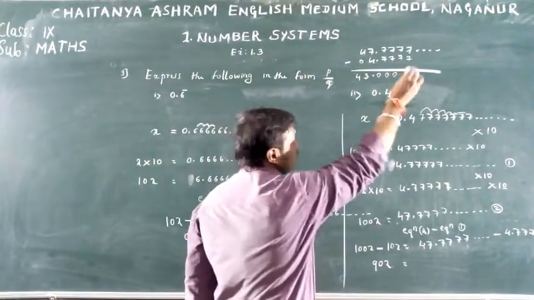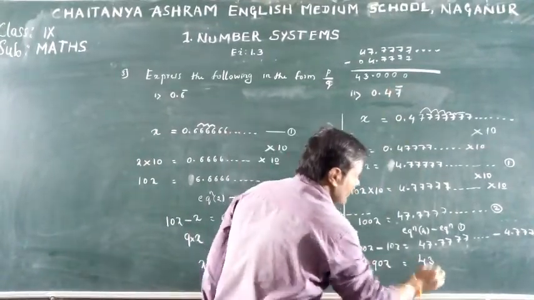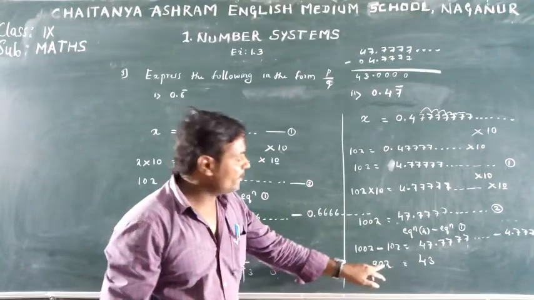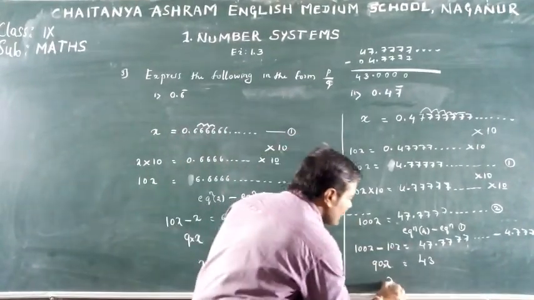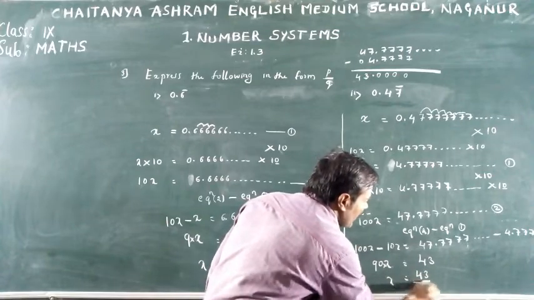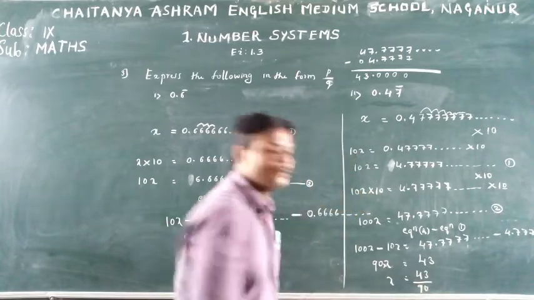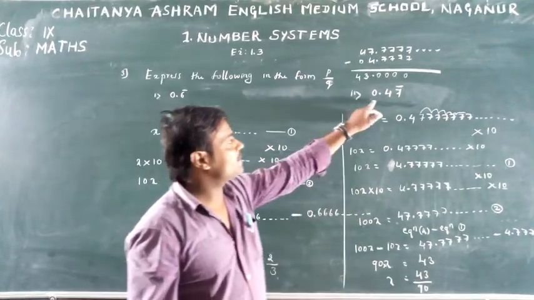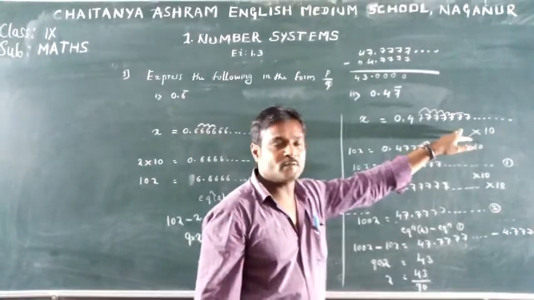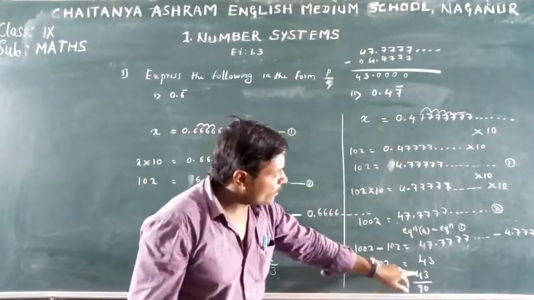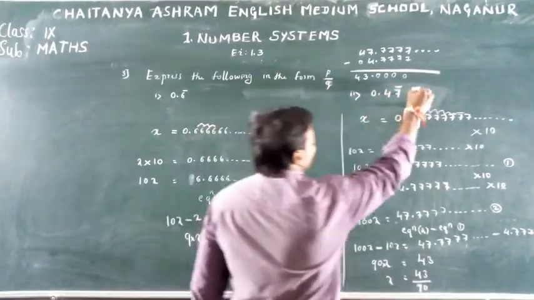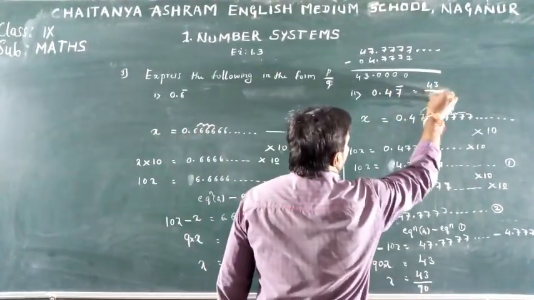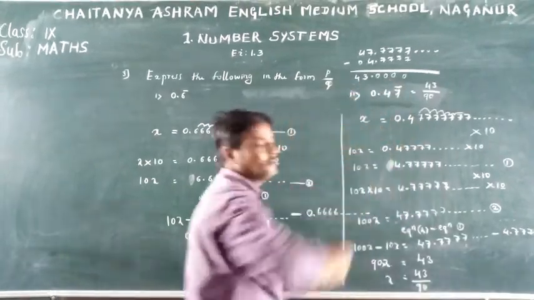So 43.00 means 43. So 90 is multiplied with x. Shift this 90 to the right side, and that becomes 43 by 90. So this decimal expansion corresponds to which rational number? 43 divided by 90.